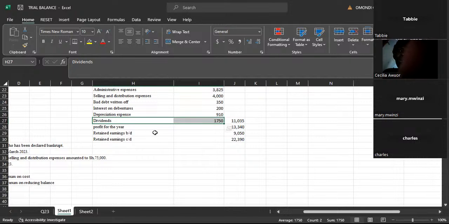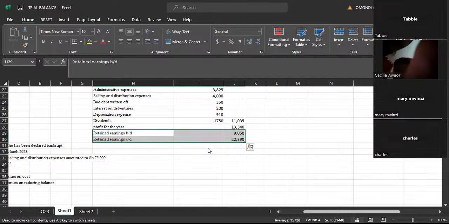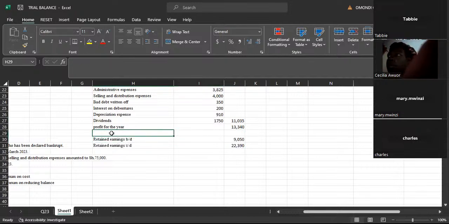If you're not going to prepare the statement of changes in equity to give us the net values, whatever is being transferred to general reserves reduces the value of retained earnings. So we can have our dividends there, but transfer to general reserve is not an expense. So we can just have it here after the profit for the year.